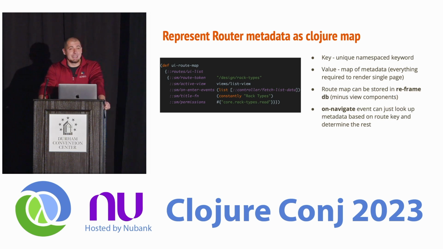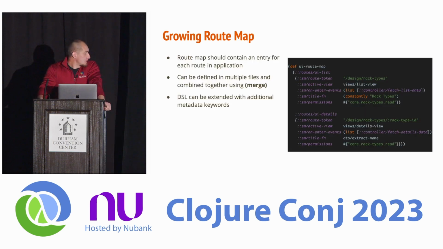And this onNavigate event that is initiated when you load the application will be doing a simple thing. It will be just processing this route map, finding the appropriate metadata entry, and doing the right stuff with the appropriate keys. Now, this approach is scalable in 2 dimensions. First, you can extend any single route map pretty easily by adding new route map entries.